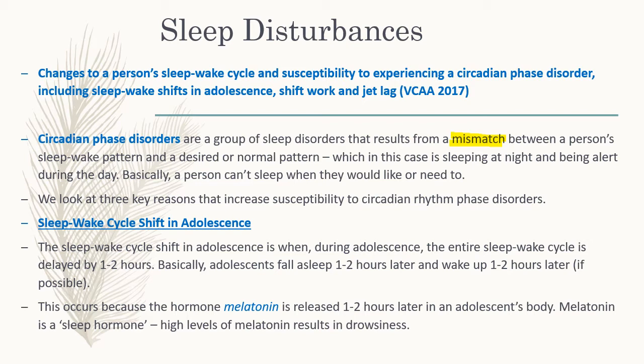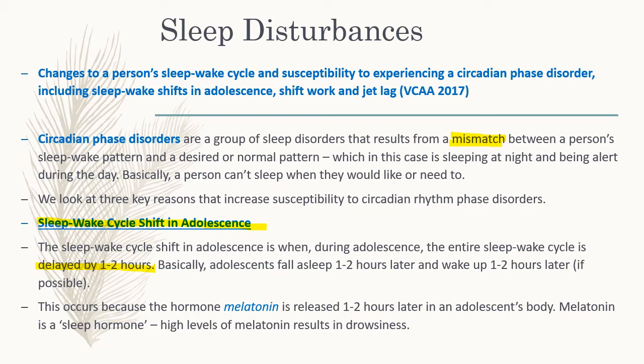We look at 3 key reasons that you are susceptible to circadian rhythm phase disorders. The one that will come up 100 million trillion percent, even though that doesn't exist, is sleep-wake cycle shift in adolescence. This is what you guys theoretically have. The sleep-wake cycle shift in adolescence is when, during adolescence, the sleep-wake cycle is delayed by 1 to 2 hours.